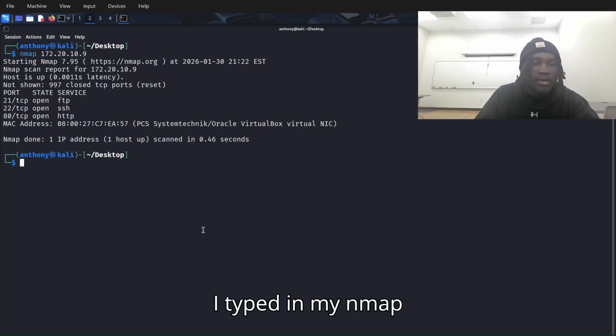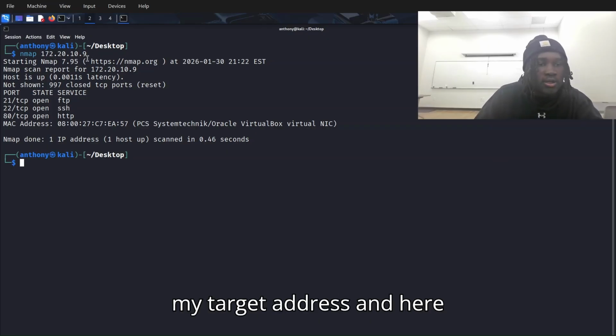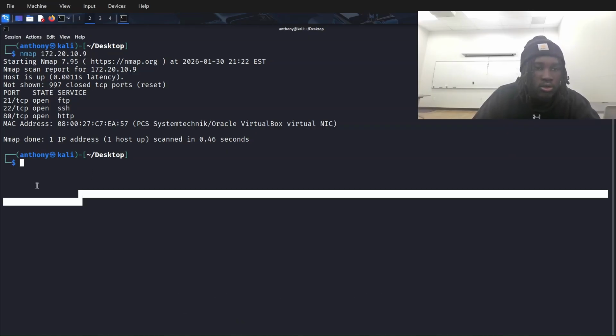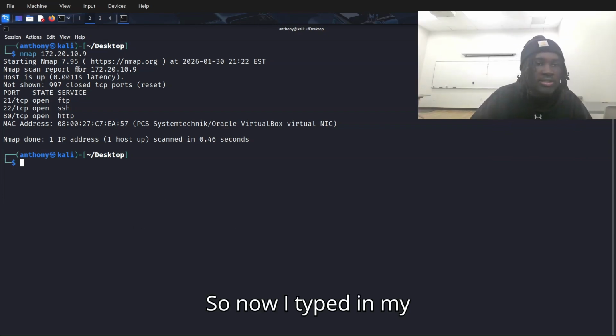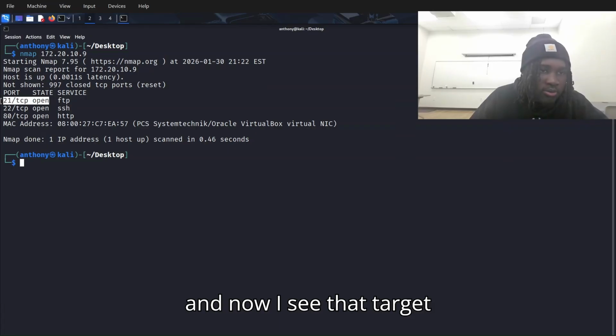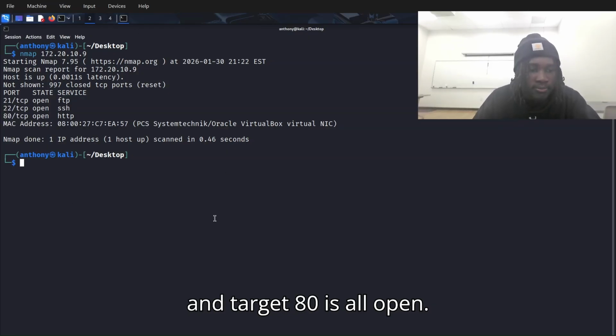I typed in nmap with my target address, and here it is, highlighted. So now I typed in nmap with my target address, and I see that port 21 is open, 22 is open, and port 80 is open.